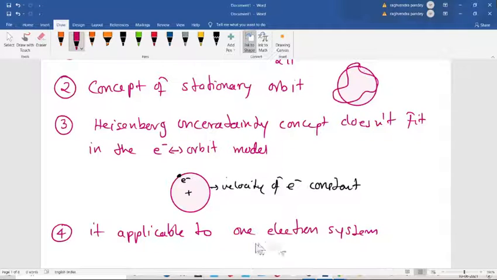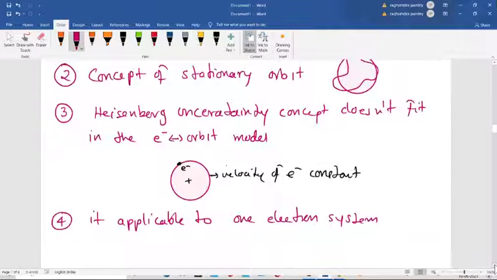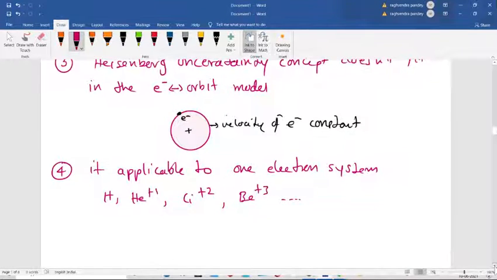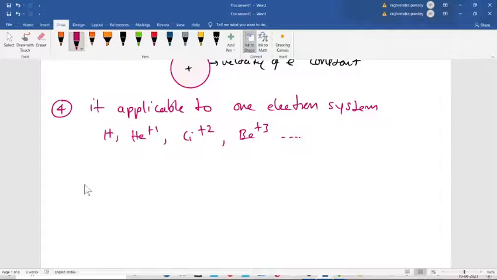One electron systems are like hydrogen, helium plus 1, lithium plus 2, beryllium plus 3, like that. So that is another problem. Then another thing is the problem in the emission spectra.